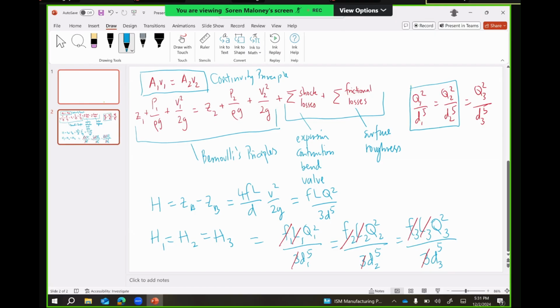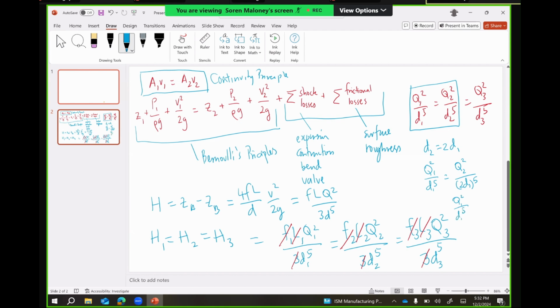Then I can take these two together, because I know what Q1 is, and I know that D2 is equal to twice D1. So I can say Q1 squared over D1 to the fifth is equal to Q2 squared over twice D1, all to the fifth.